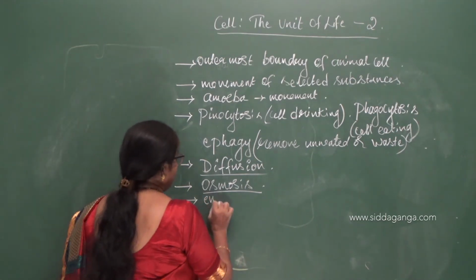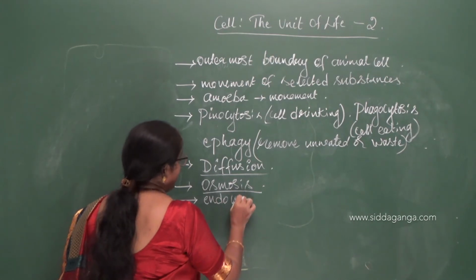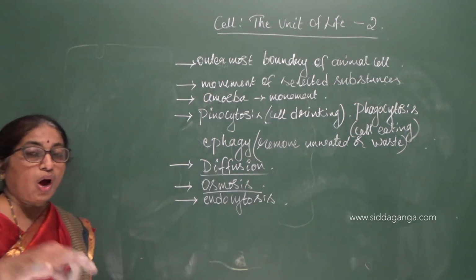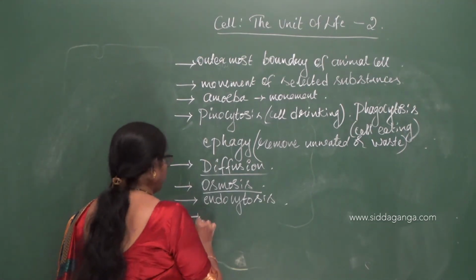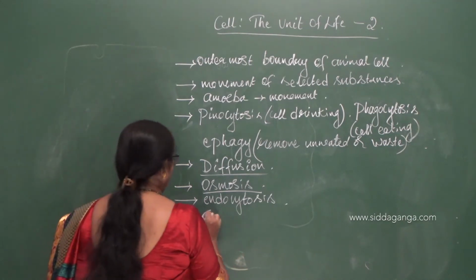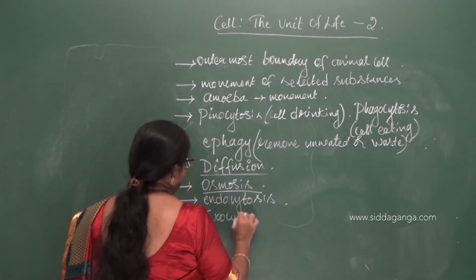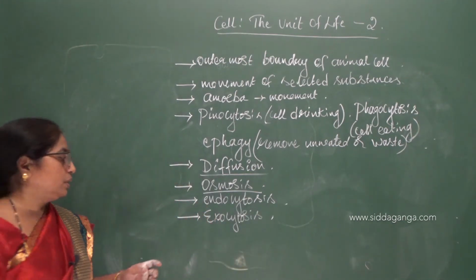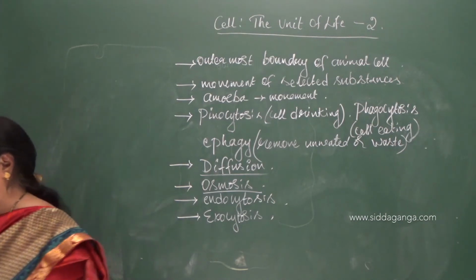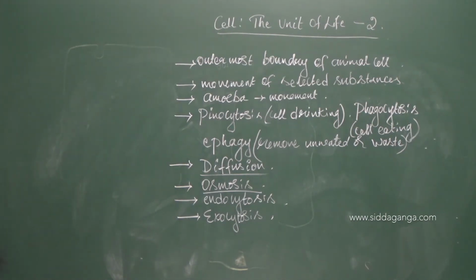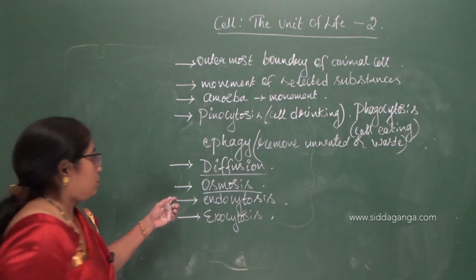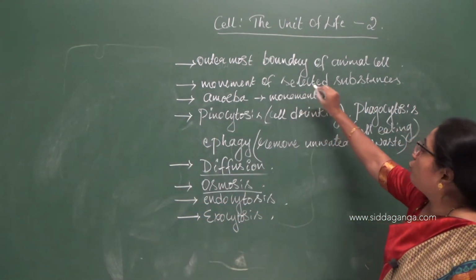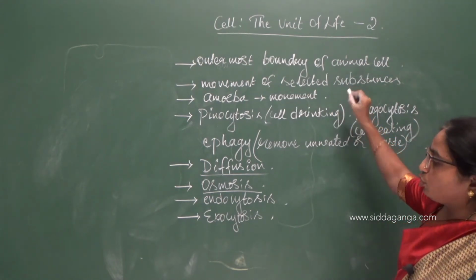And there are some molecules which move inside the cell, you call it endocytosis. And some substances move outside the cell, you call it exocytosis. So, they bring about endocytosis, they bring about exocytosis, and the movement of substances in and out of the cell.